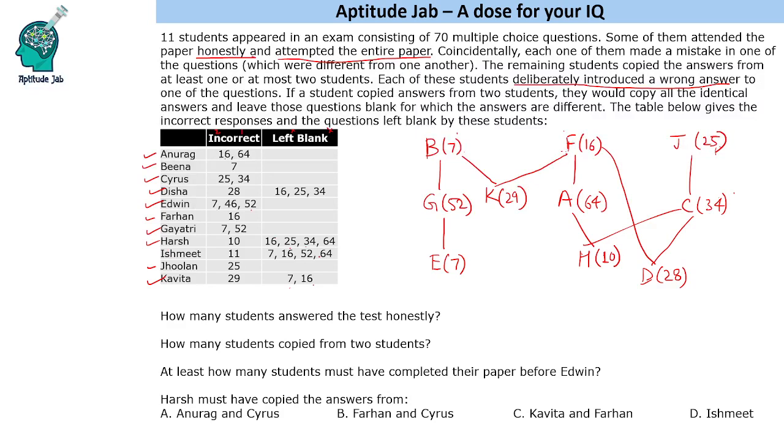And then we have Ishmeet. Ishmeet is leaving 7, 16, 52, 64.